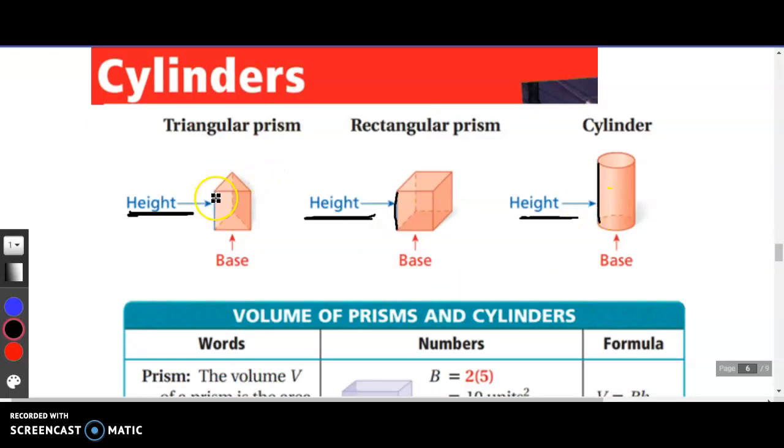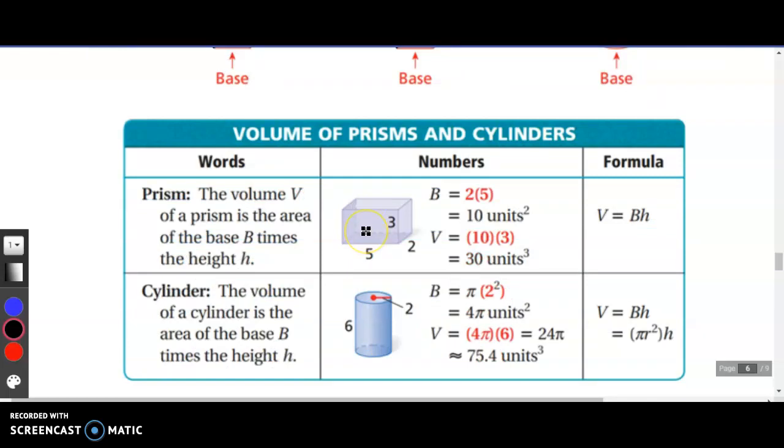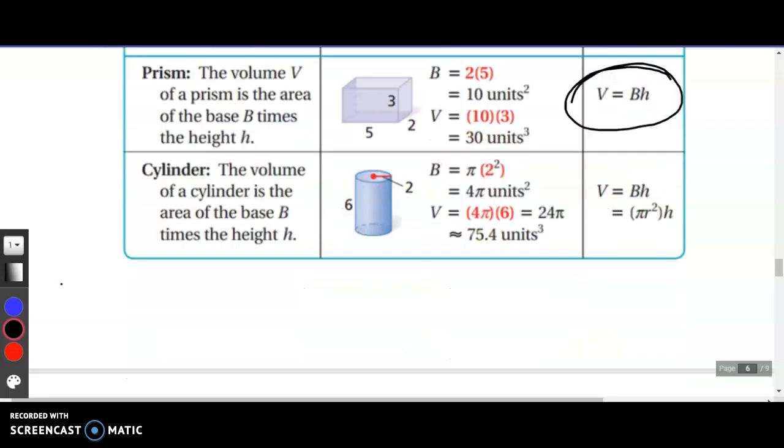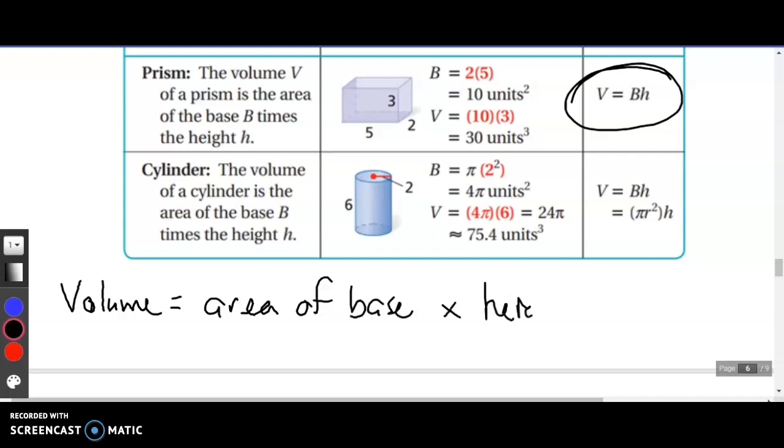So for all volume of prisms and cylinders, the volume equals the area of the base times the height of the prism or cylinder.